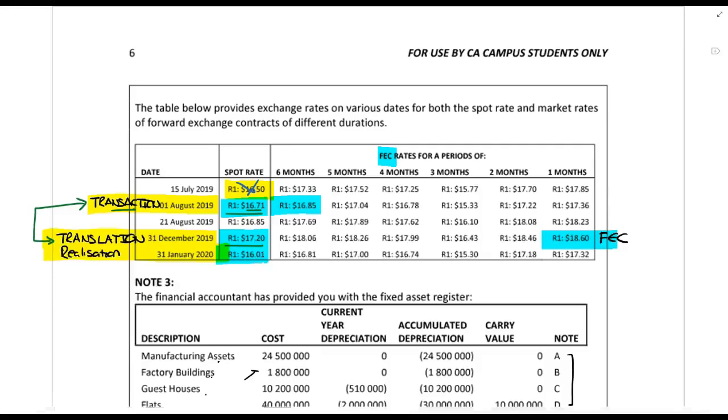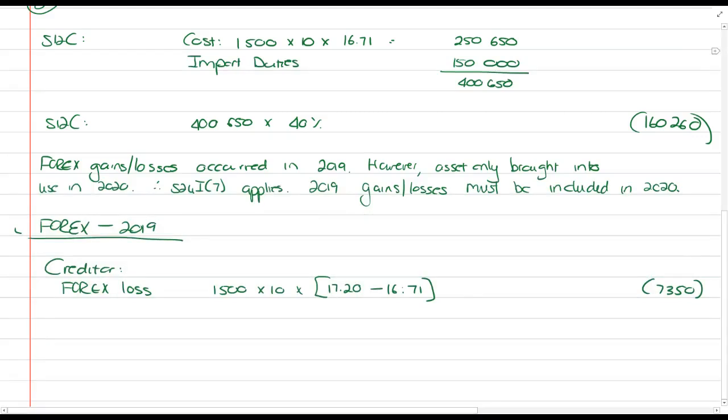Okay, then we have the FEC. The FEC goes from 1685 to 18.60. So we say, I took it out when it was 1685. That's how much I'm going to pay. If I had taken it out today, I would have paid 1860. So I'm paying less because I took it out earlier. So that's a forex gain for me.